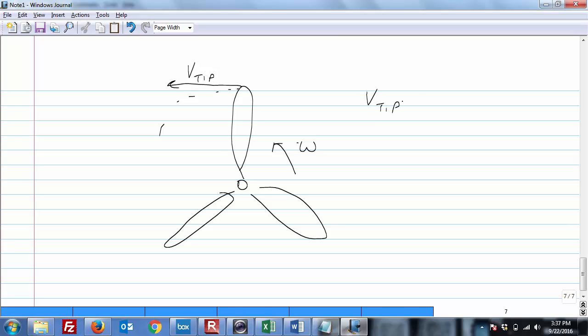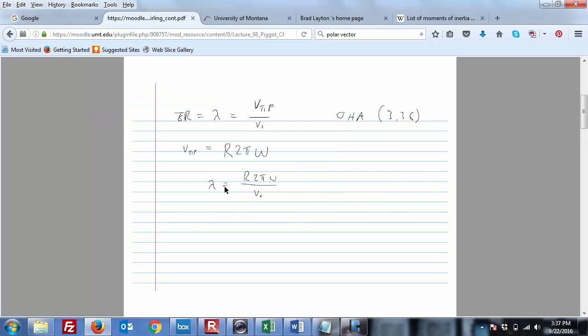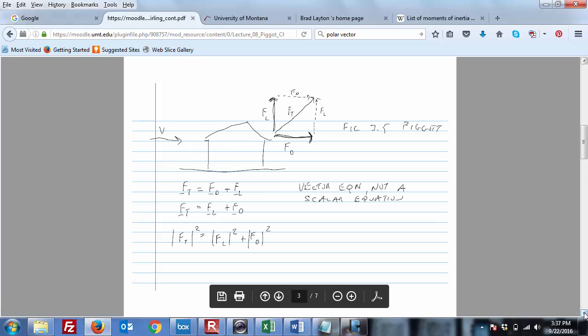V-tip equals 2 pi r omega. And here's r. Measure from the center of the blade out to the edge. So the bigger the turbine, the faster it goes, the faster the velocity. And then back here, this lambda is V-tip divided by V naught, so 2 pi r omega over V naught. Okay, so that's your tip speed ratio.